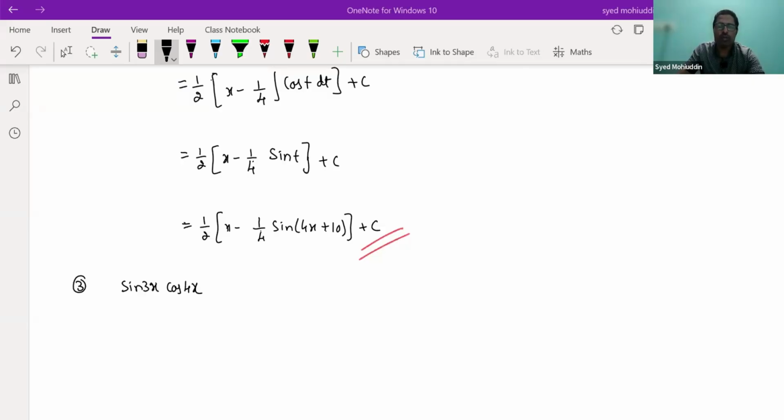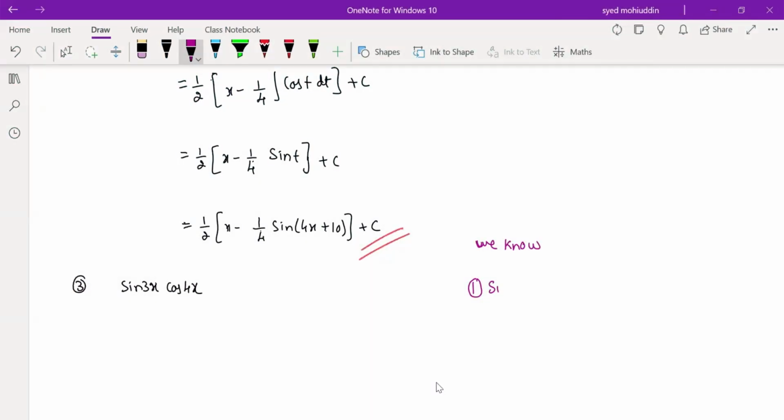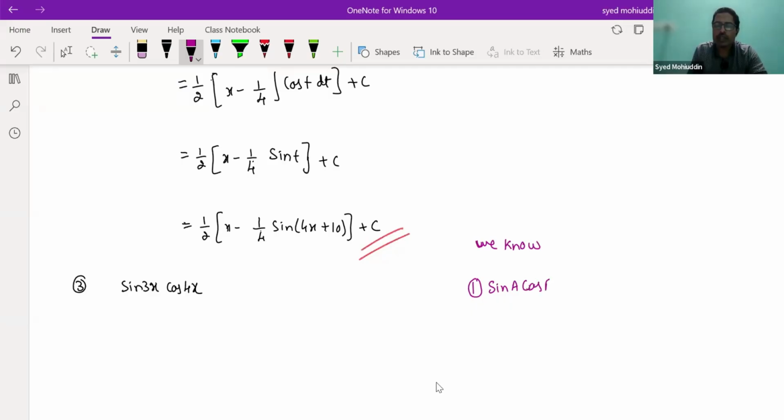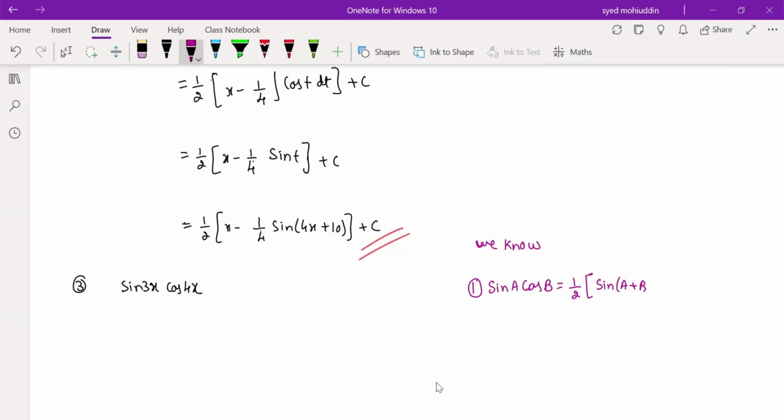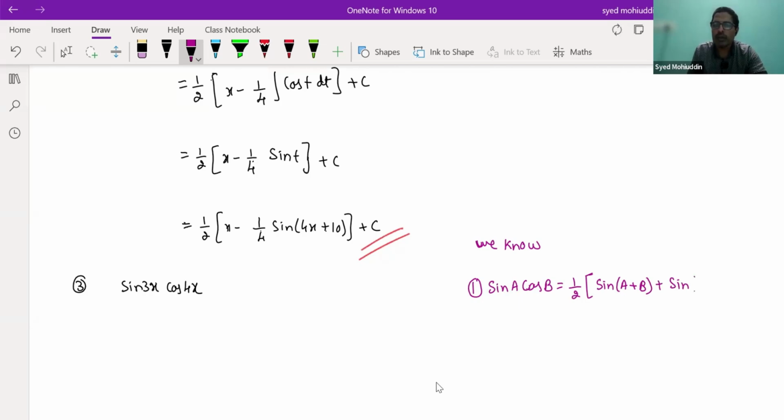So we'll start with the first formula. Let me write down those 4 formulas. Sin A cos B is half times of sin of A plus B plus sin of A minus B. This is the first formula you're having.